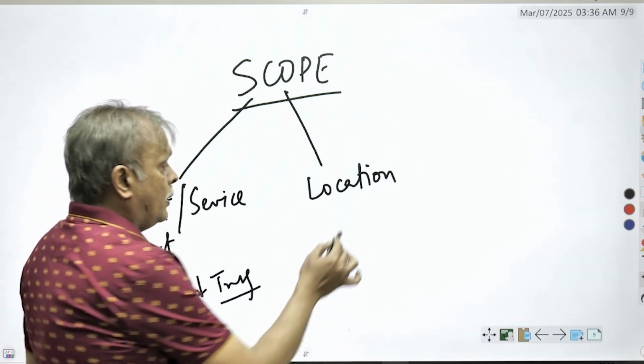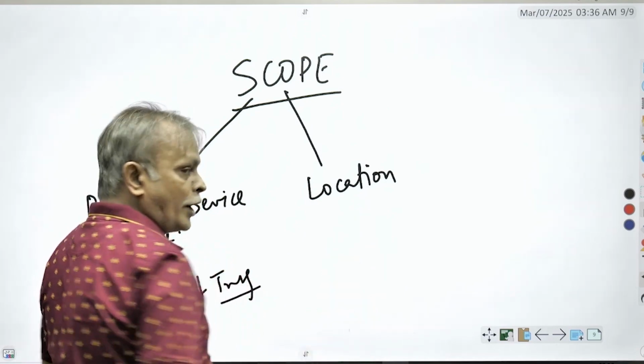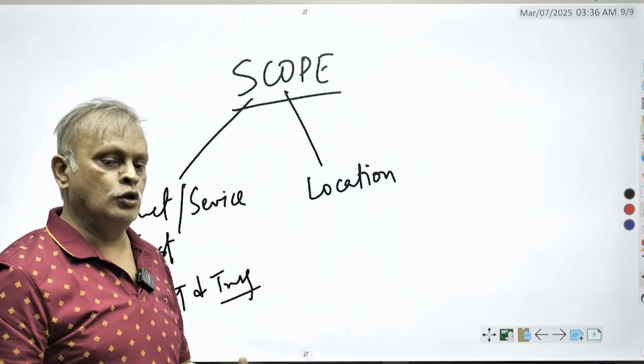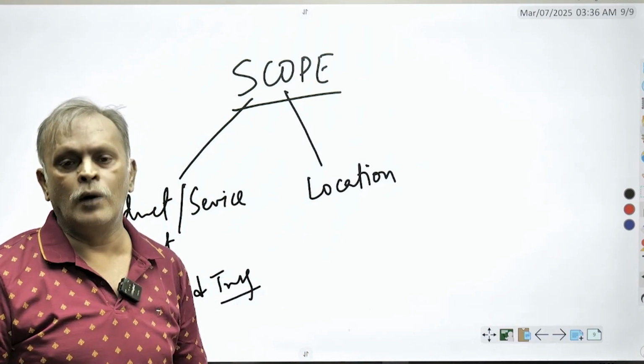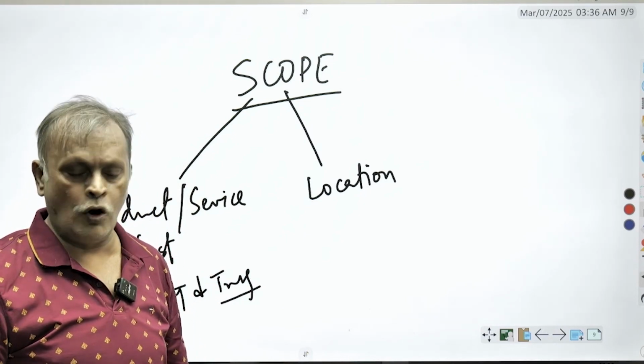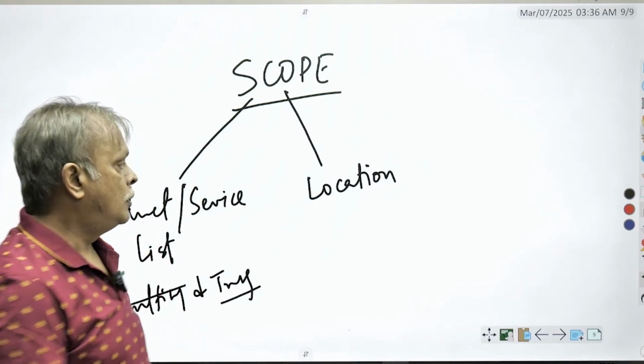So if you have multiple locations, you can choose to include all, few, or only one. Completely your discretion. Auditor can't say anything about this.